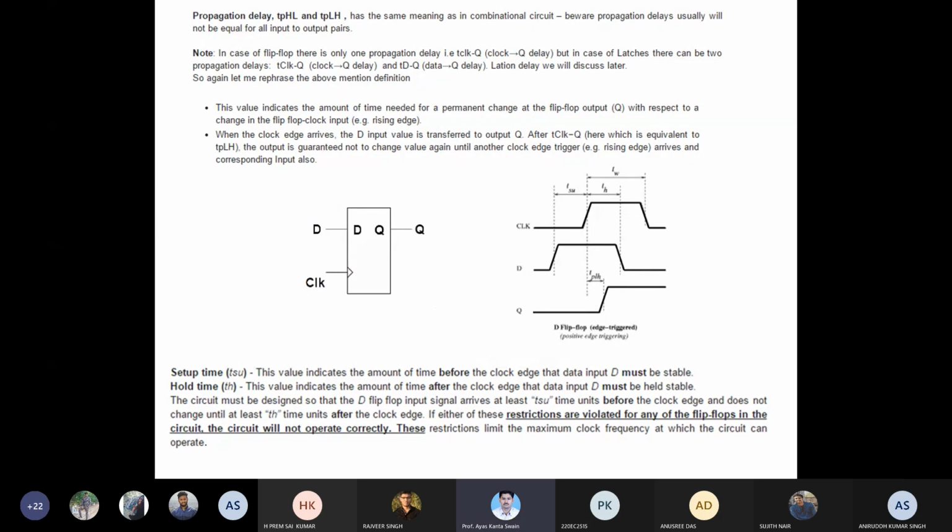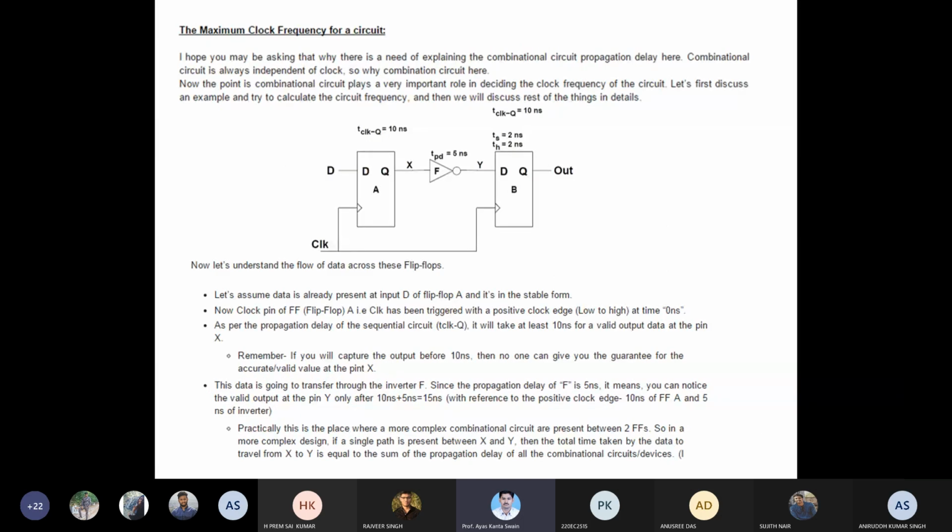Depending upon the setup time and hold time, we can also find the maximum clock frequency of a circuit. Now we have taken a few examples where we have to find the maximum clock frequency. Here the combinational delay plays an important role because the combinational blocks are the actual computational or functional unit blocks doing the computation.